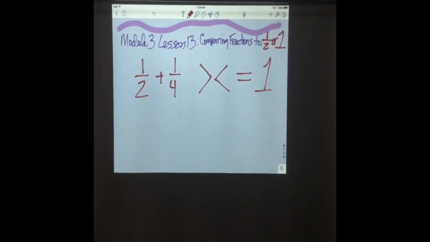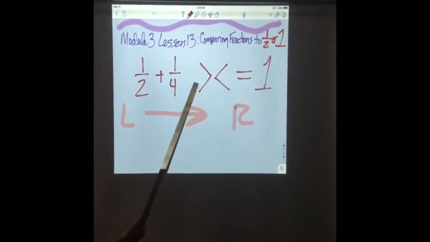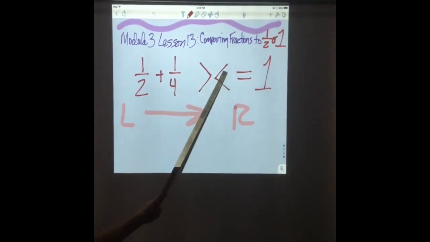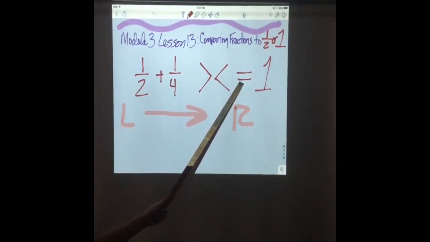Now, remember, like I've taught you before, we read these just like we do in English, from left to right. When we hit the bigger end first, it's called greater than. When we hit the point first, it's less than, and everyone knows this is equal, right?